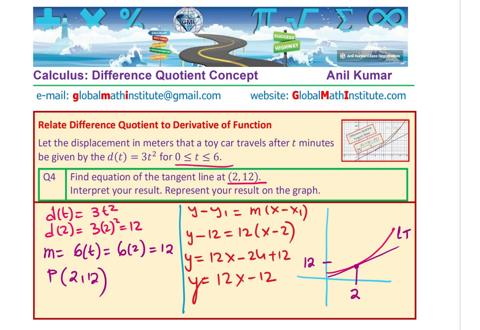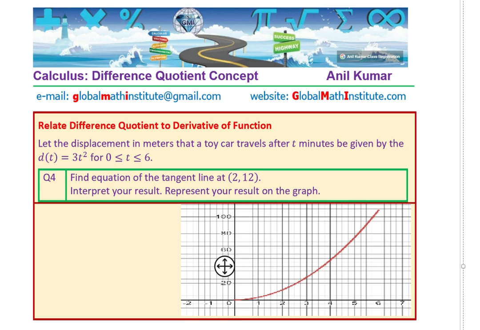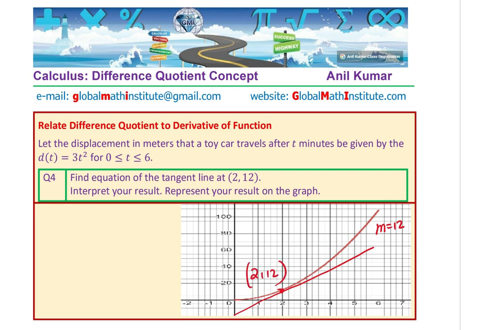Perfect. So I hope the concept is absolutely clear, right? So here is the graph. So if I draw a slope at this particular point, a tangent, then it will look kind of like this, right? Where the slope m is equal to 12, the point which we are considering is (2, 12), correct? And the equation of this line is y equals 12x minus 12. Perfect.